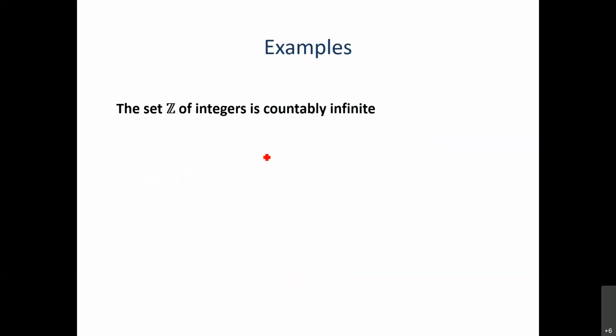Now, let's do some examples. Let's do an example of each. So the set Z of integers is countably infinite. All you have to do is list them in a way that works. So let's say 0, then 1, then minus 1, 2, minus 2, 3, minus 3.